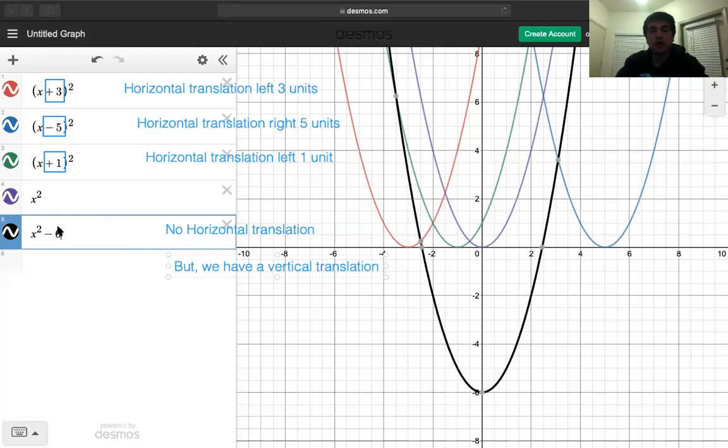Vertical translations are outside the parentheses. So for this little video, all we're talking about is the horizontal. So since it's a +3, left 3. Since it's -5, right 5. +1, left 1, okay? So hopefully you see the pattern on this one.